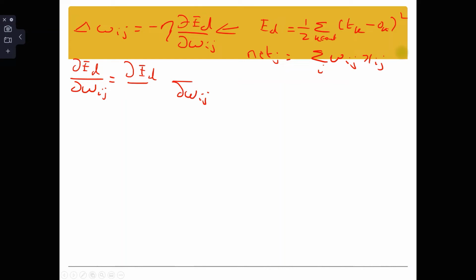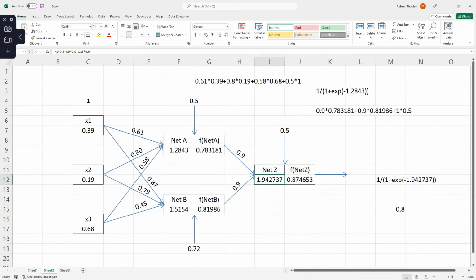So this is what net_j was about: the sum of the different values of i, w_ij x_ij. For a particular j, net z, for example, would be the sum of all the weights connected to node z, with their corresponding inputs, and when you did the sum you would get the combination function that we had there.